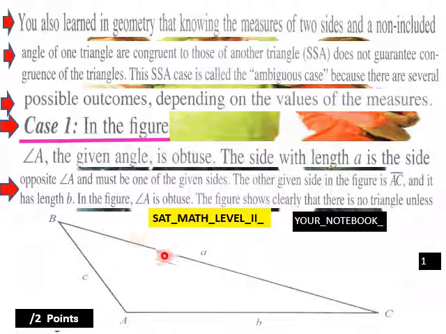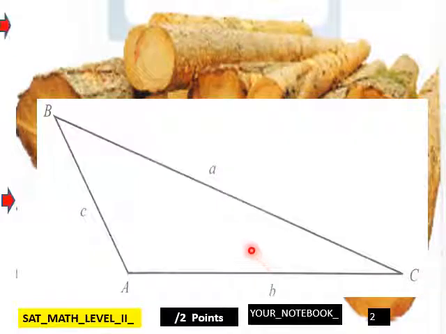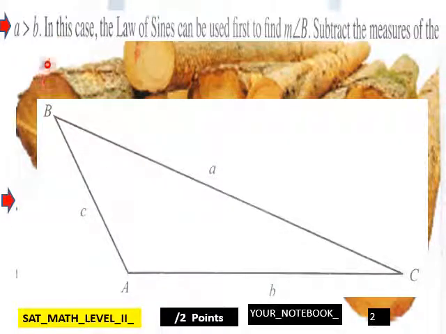In the figure, angle A is obtuse. The figure shows clearly that there is no triangle unless a is larger than b. So the length a has to be longer than b. Otherwise, you're going to have a side that's just hanging somewhere like this.